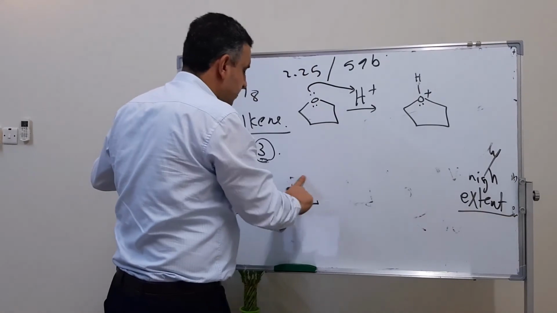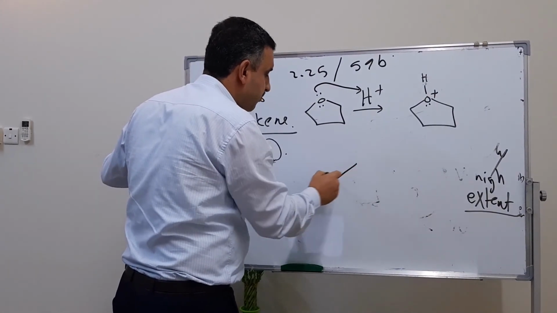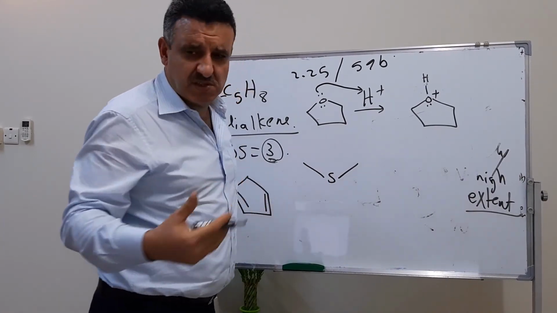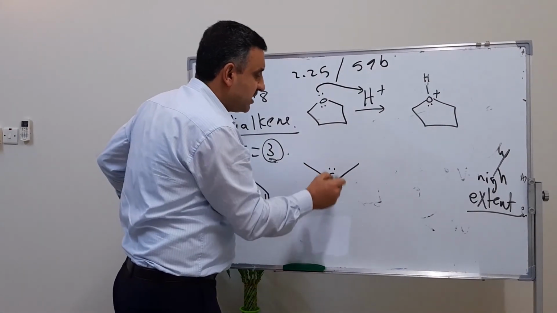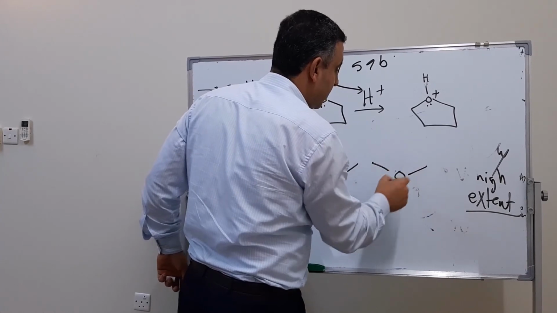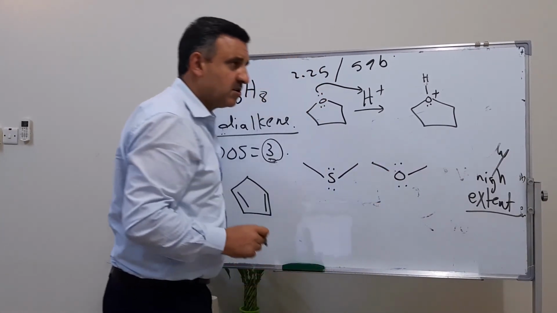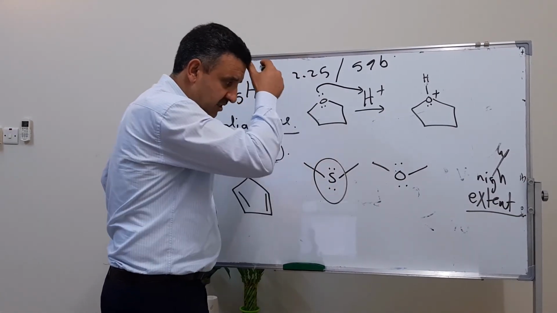Okay. Anyway, Shayma and everyone else, please. Sulfur here. Whenever we have sulfur like this, you must know, because sulfur is in group number 6, which means it has another 2 lone pairs in there. Oxygen, the same thing here. Even if we draw it like that, you must know that there are 2 lone pairs in here. So what's the hybridization of any atom like this?